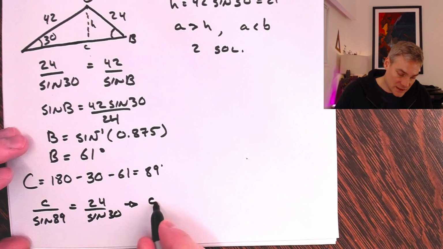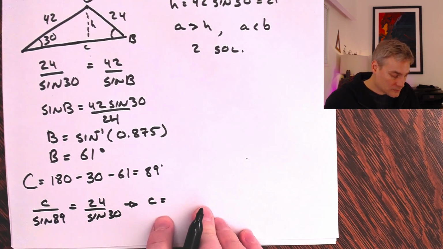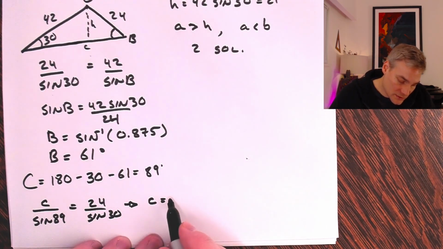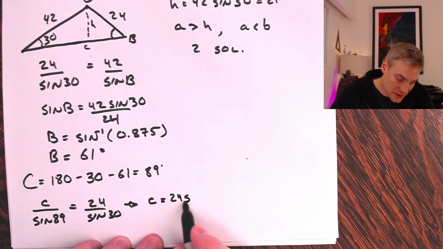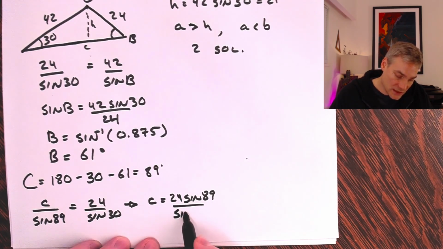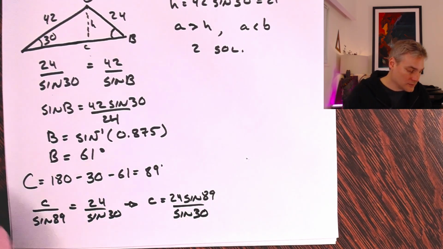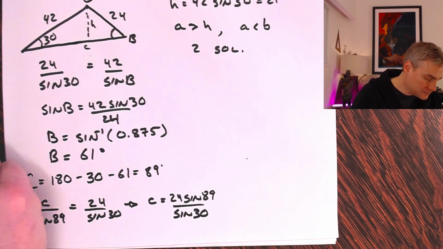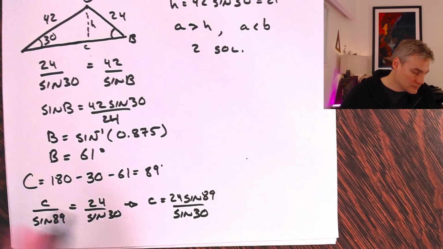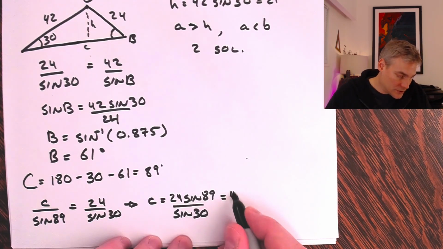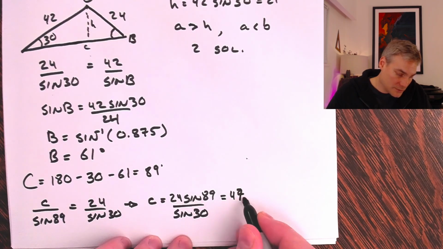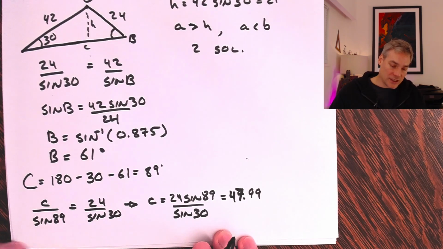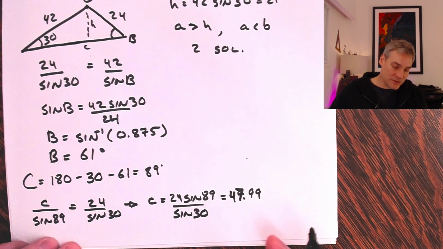So this tells me that side C equals 24 sine 89 over sine 30. So we put this in our calculator. And that equals 47.99. So almost 48.